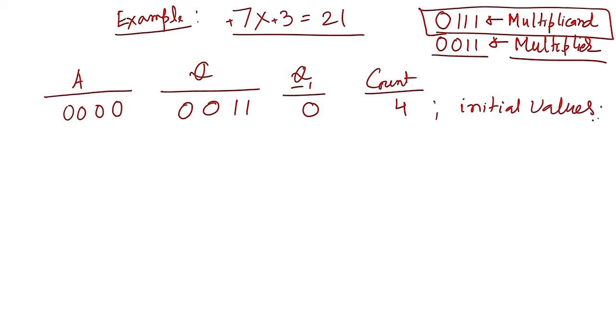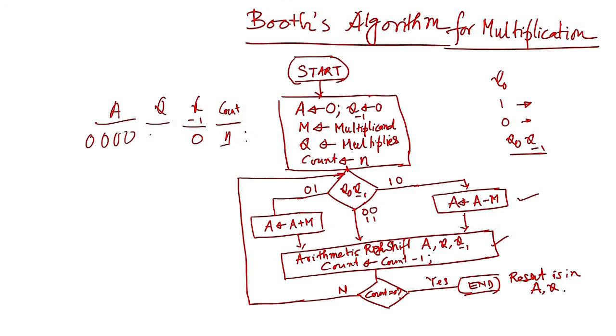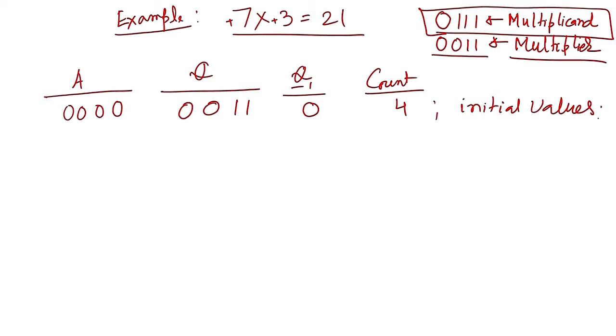Then what is the next step? Here this is initialized. Next, we verify the bit positions Q negative and Q 0. So, Q negative is 0 and this is 1. If it is 0 1, then what do we have to do? We have to subtract.